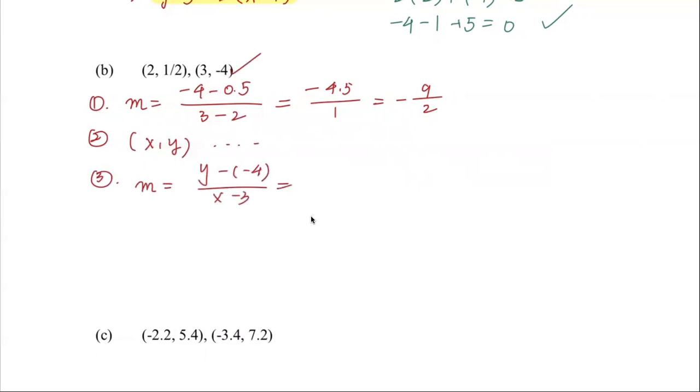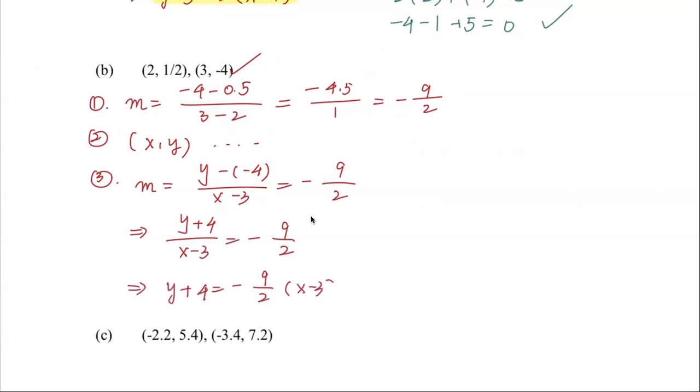And the slope here is found in the first step, which is equal to minus 9 over 2. y minus minus 4, that's y plus 4. So y plus 4 over x minus 3 is equal to minus 9 over 2, right? And this gives us y plus 4 is equal to minus 9 over 2 times x minus 3, right?